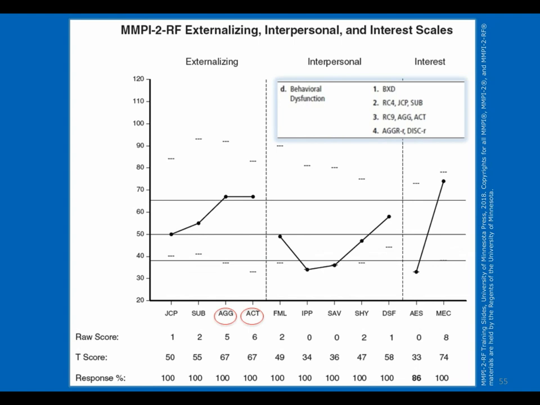Now recall in the last slide that RC4 was not elevated, but RC9 was, so that would be the next scale that we interpret after the higher order scale BXD. Now, after interpreting RC9, this is when we begin to interpret the more narrow specific problem scales that are associated with RC9, and we can see that that's aggression and activation, and both of these are elevated in this example, so we would next interpret aggression and activation.